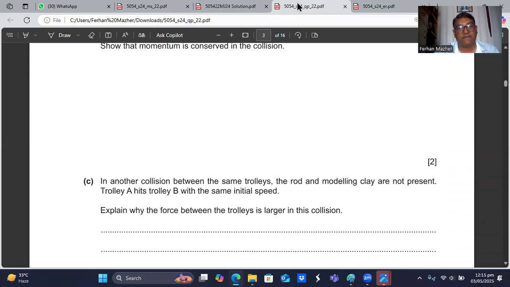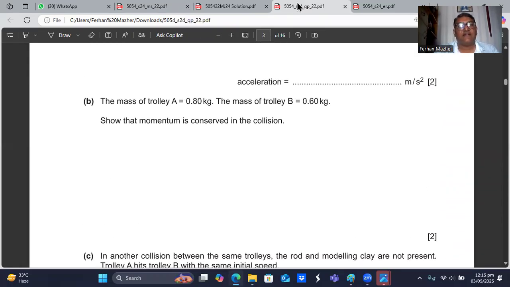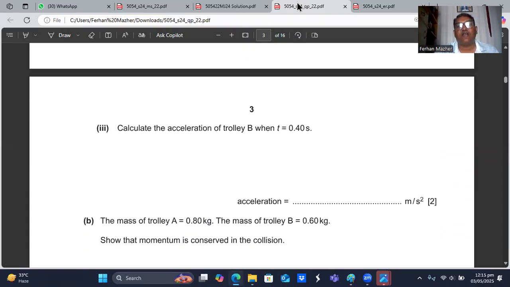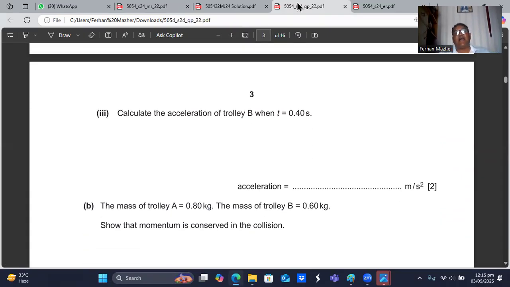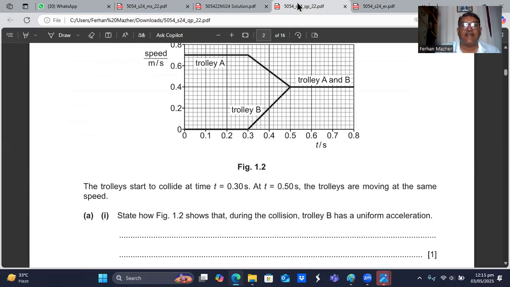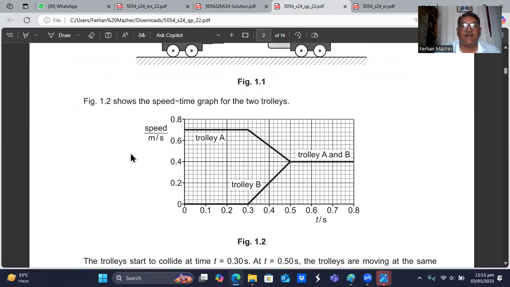The question is: calculate the acceleration of trolley B when the time is equal to 0.40 seconds. So if you want to find out the acceleration at 0.40 seconds, they basically want the acceleration at this point.